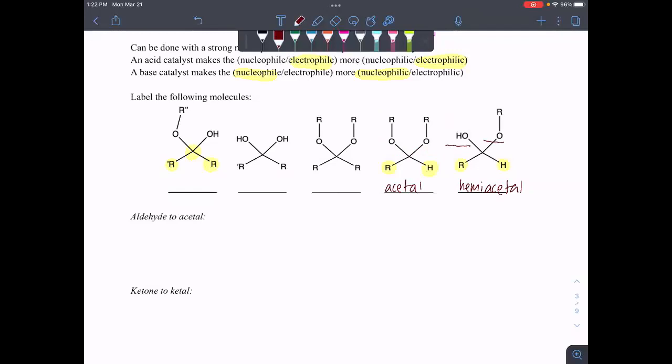Okay. And the one next to it is just acetal. Because it's 2 ORs.